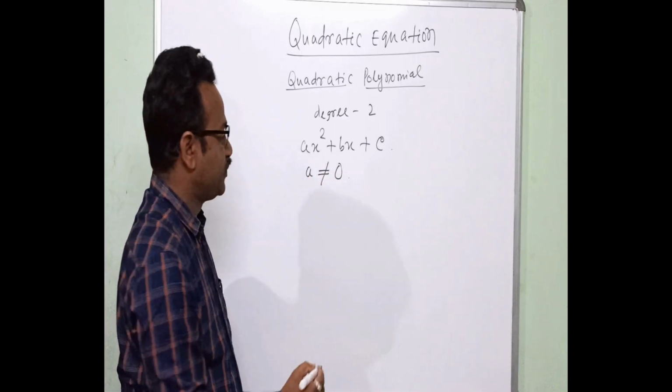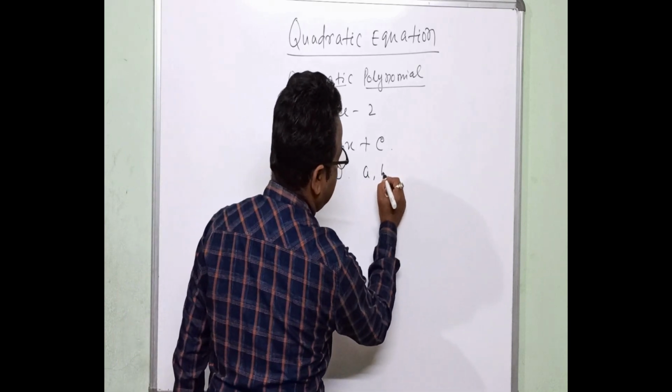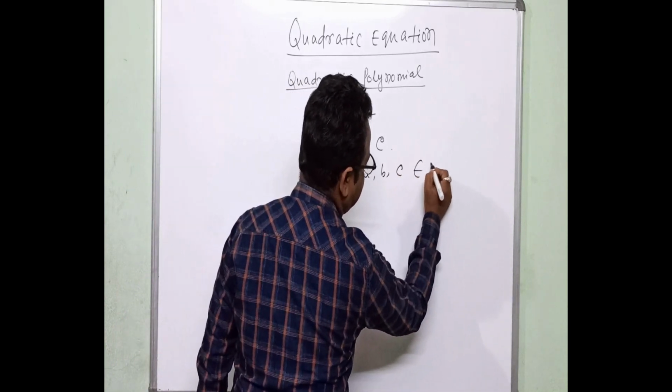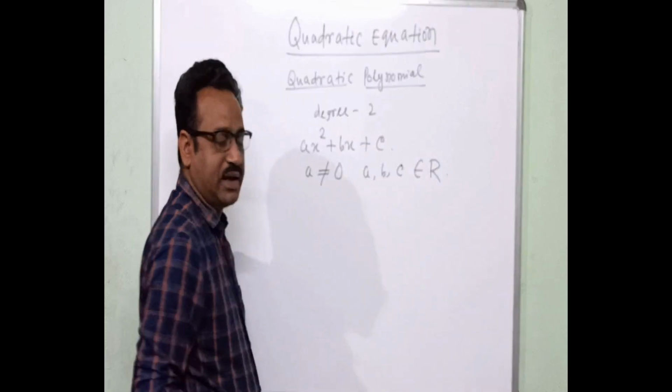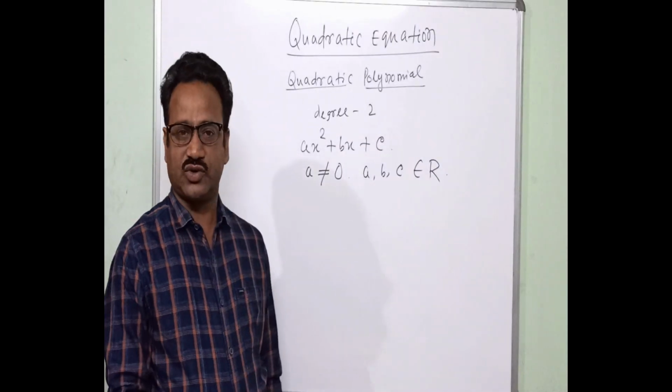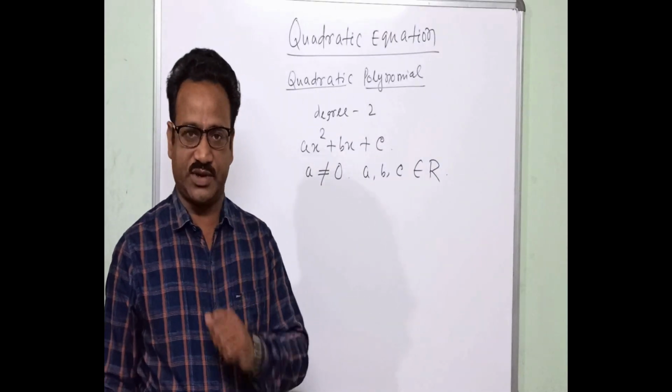A cannot be 0. a, b, c belong to the set of real numbers.